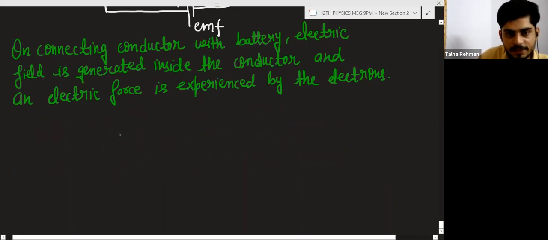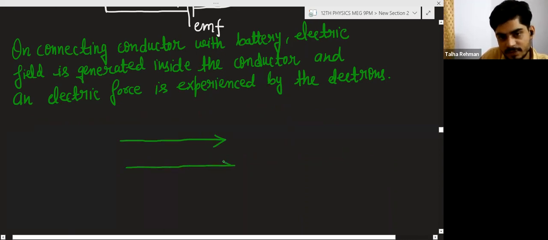So the electric field is generated inside the conductor in this direction. Like this, the electric field is generated.